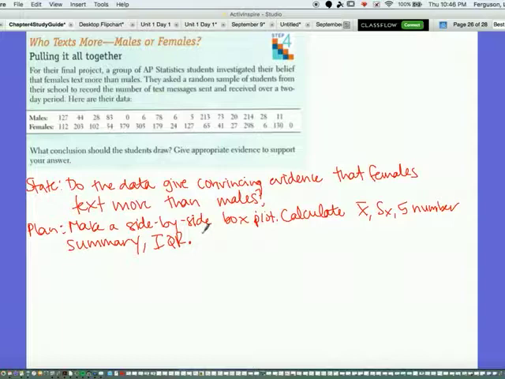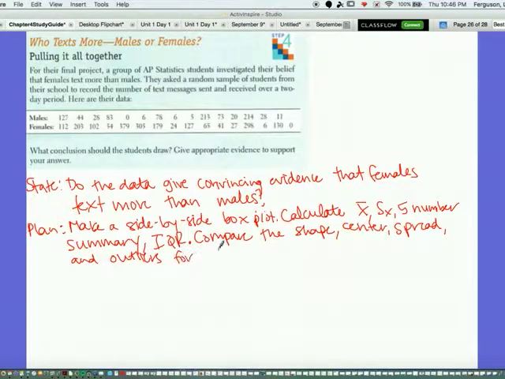And once you get all that done, then you might want to compare the shape, the center, spread, and outliers for both distributions.